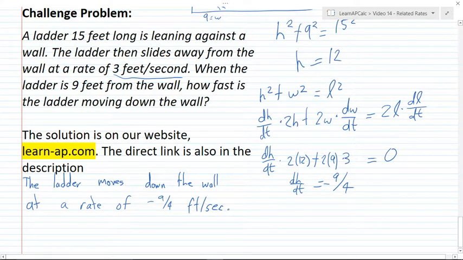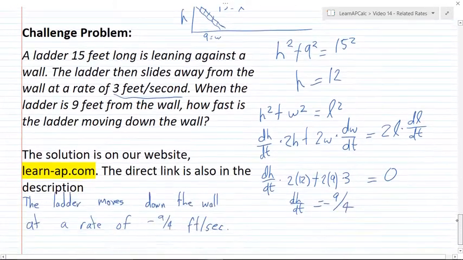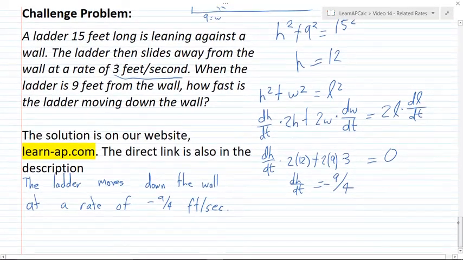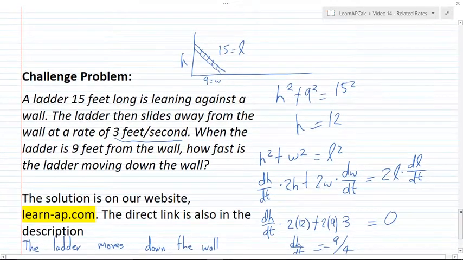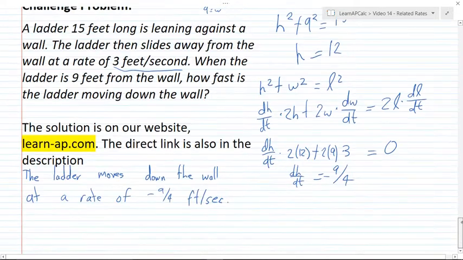Okay, but now let's think about this. What does dH/dt equals minus 9/4 represent? That says that our height with respect to time is decreasing at a rate of 9/4 feet per second. And the problem is asking how fast the ladder moves down the wall.